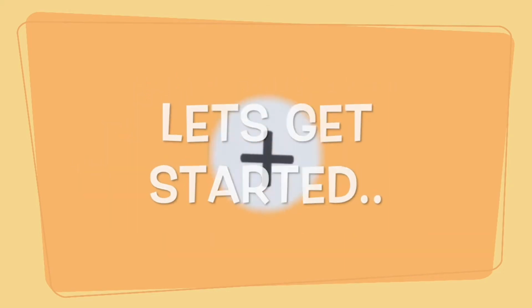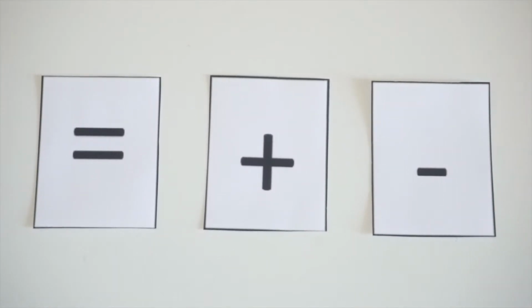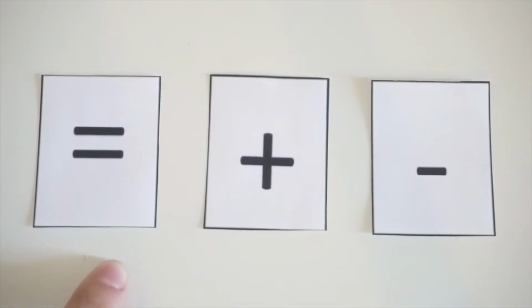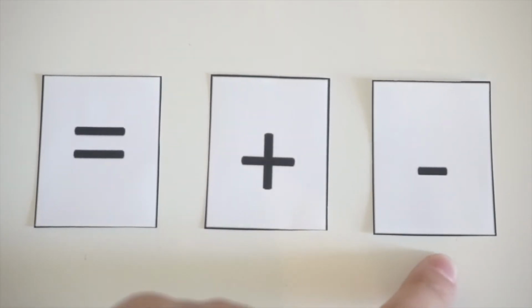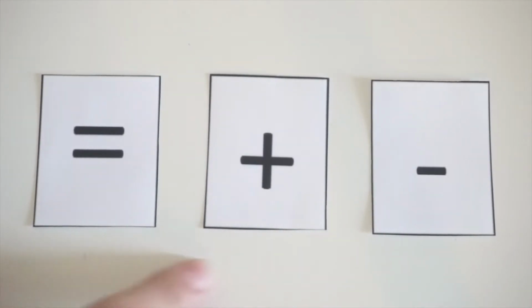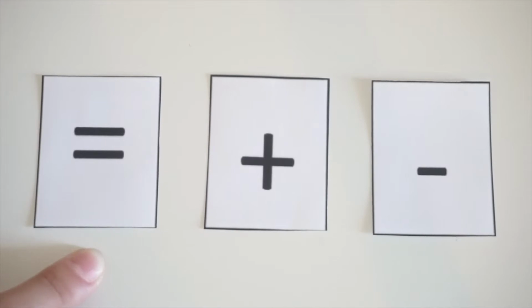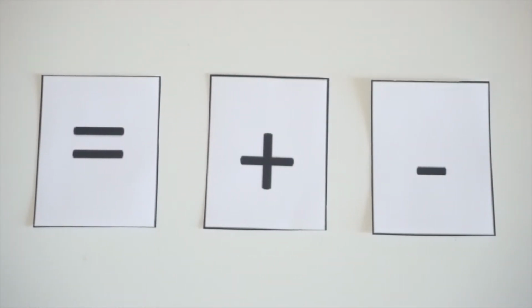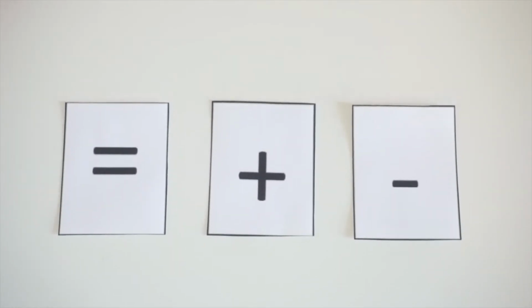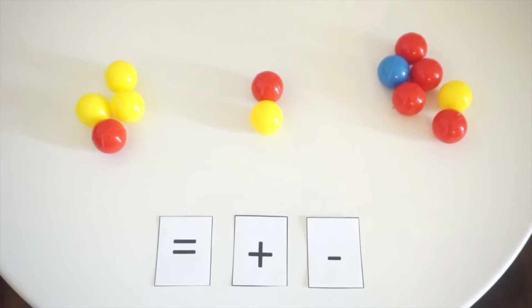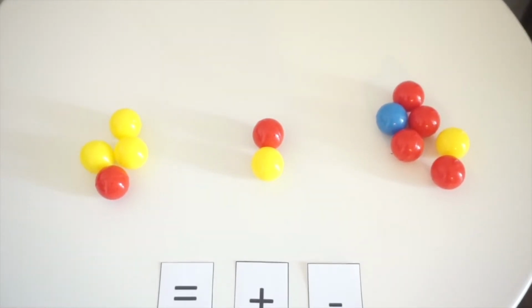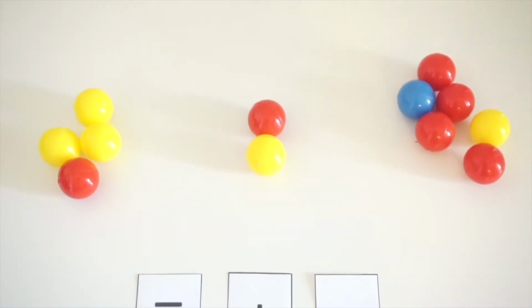Let's get started. Here we have our equal sign, our addition sign, and the subtraction sign. These are the signs that we use in math equations. So, our math equation that we will be doing today is right here, using bouncy balls.